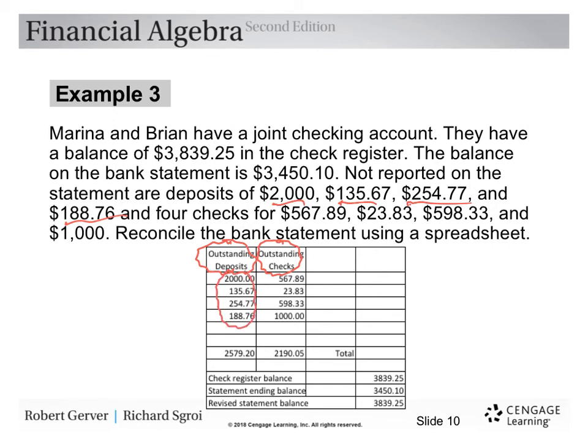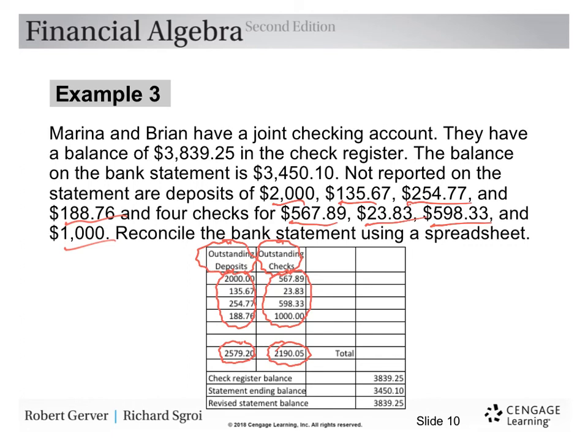Now down here is simply the sum of those outstanding deposits. Now we have four outstanding checks: 567.89, 23.83, 598.33, and $1,000. Those we show right here. And again, we sum those up and we get a total right here.